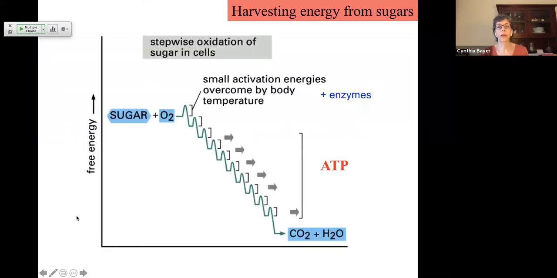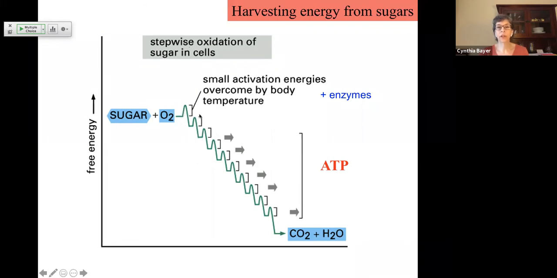So if we look at that same energy profile and the oxidation of a sugar in a cell, we will have an overall same change in free energy, about 600 kilocalories per mole, a big drop in free energy from the free energy in a sugar molecule as it is oxidized to carbon dioxide. But this is a regulated, enzyme catalyzed series of drops in free energy.